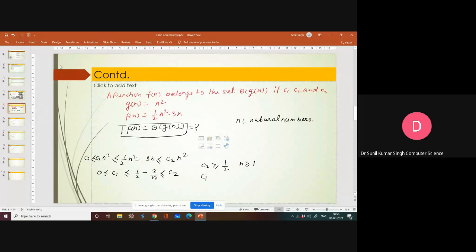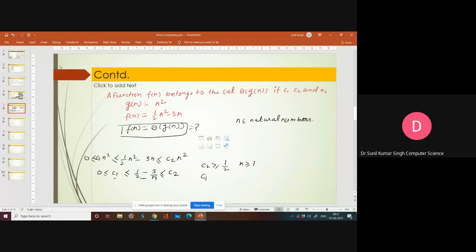We have to choose C1 such that, for any specified value of n, C1 will be smaller than that, and C1 must also be positive. If we take n equal to 1, then this value will be negative, and C1 cannot be negative. So we cannot take n equal to 1.